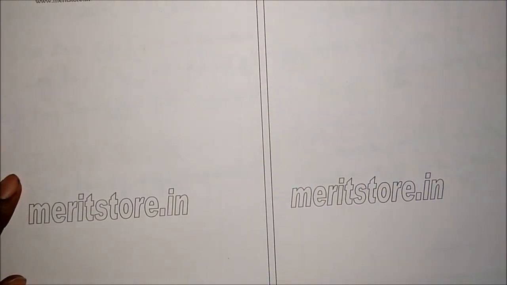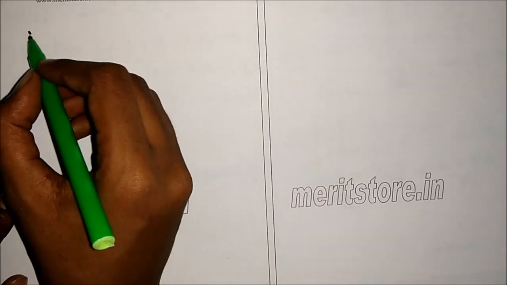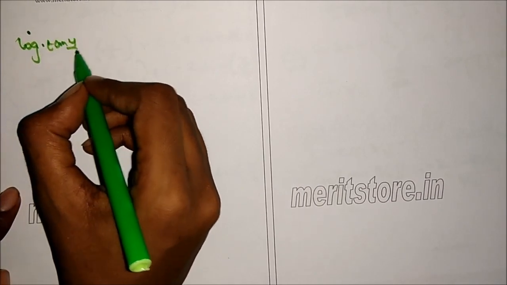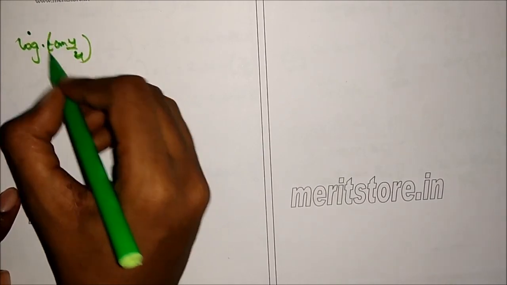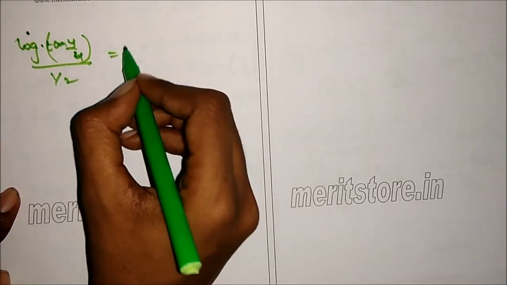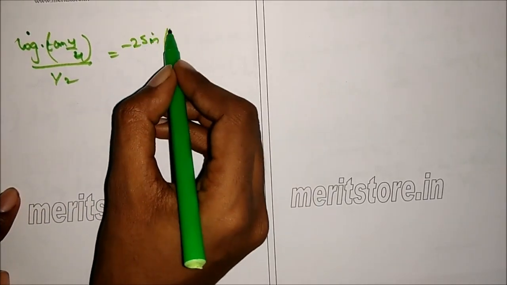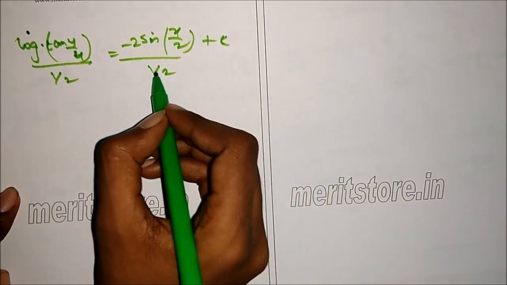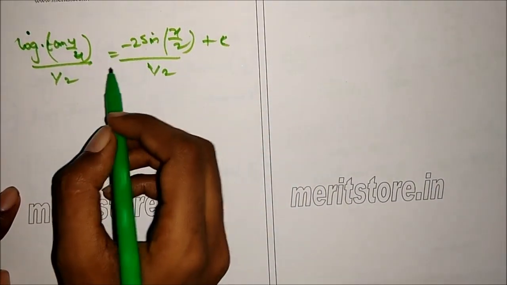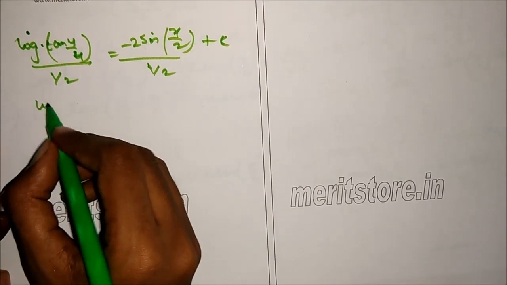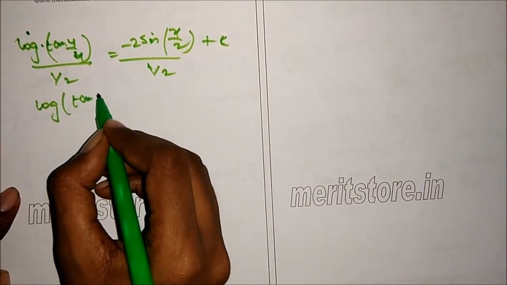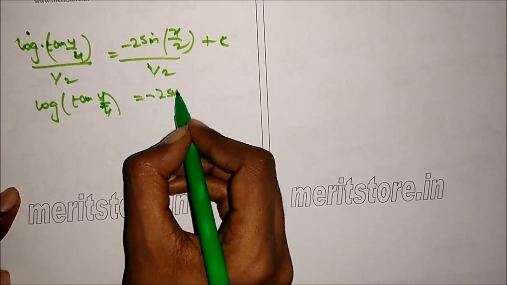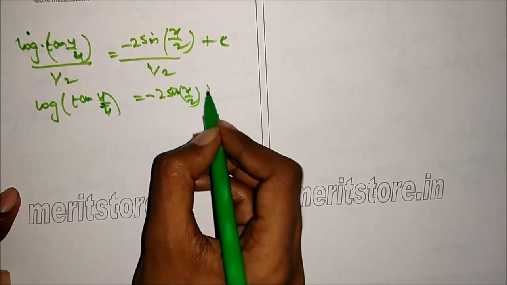So in the previous step we got log of tan y by 4 divided by half is equal to minus 2 sine x by 2 by half plus c. Multiplying throughout by half, this will be log of tan y by 4 is equal to minus 2 sine x by 2 plus 2c.